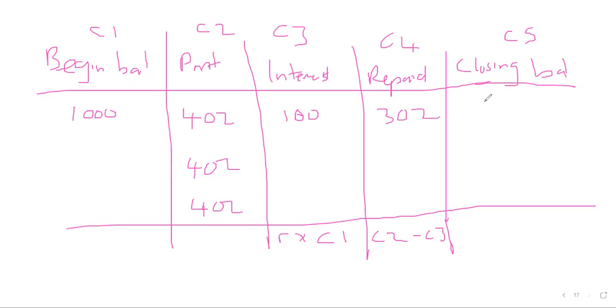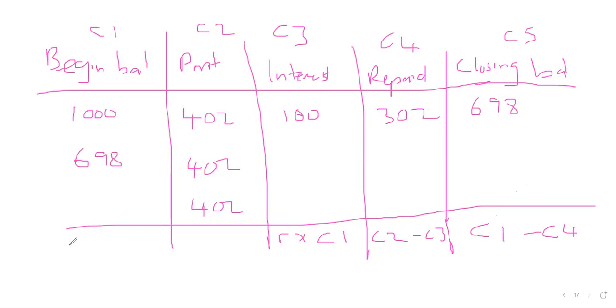And to find column 5, we simply subtract column 1 minus column 4. So 1000 minus 302. What we get? 698. So this becomes the opening balance here, 698.